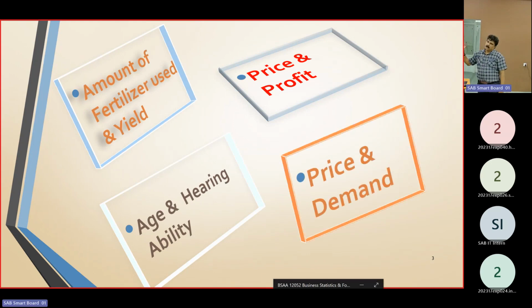If you take these pairs of variables, amount of fertilizer used and yield, we feel that there can be some sort of relationship. Price and profit, we feel that there can be some sort of relationship. Age and hearing ability, price and demand. So we feel that there can be some sort of relationship.